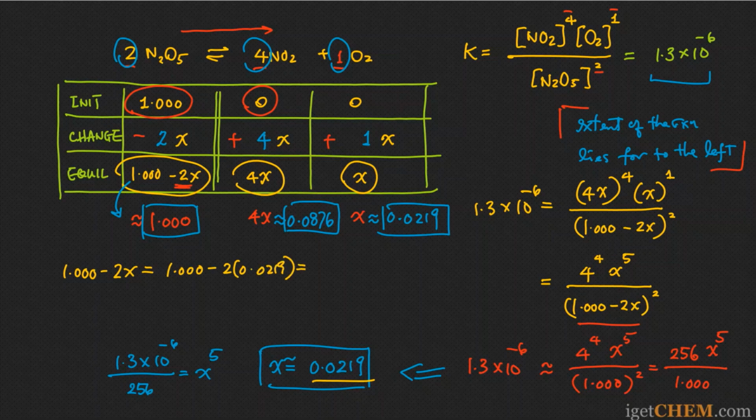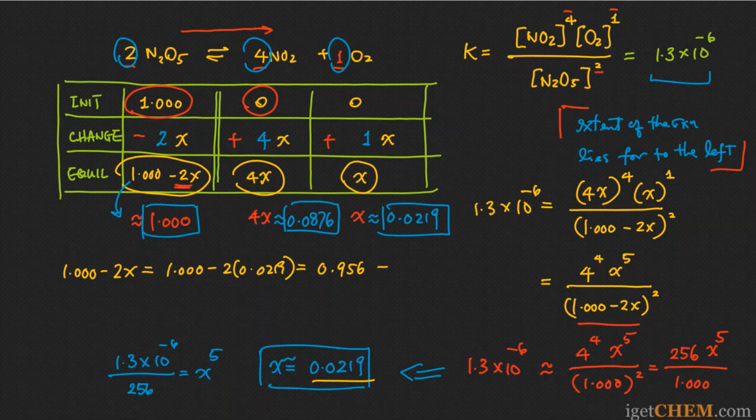Then you see that the more accurate answer for the true equilibrium value of N2O5 turns out to be actually just 0.956, whereas the approximation we assumed was that this was very close to 1.